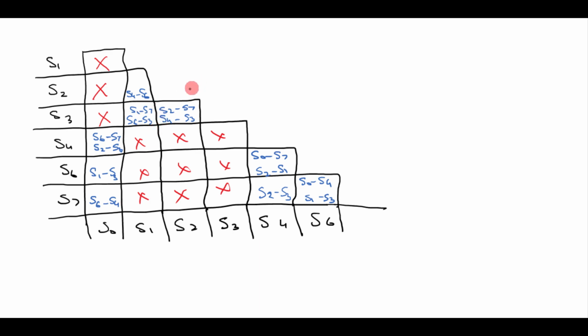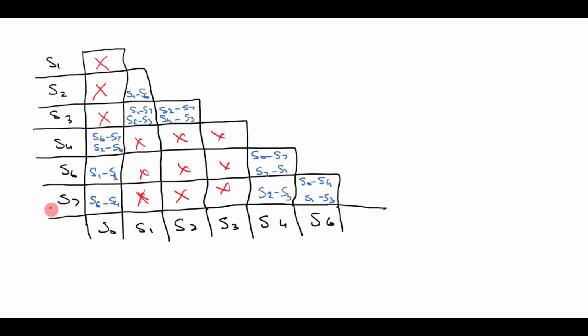The next thing that you have to do is remove some entries in which these pairs are not possible. For example, here you can see S6 and S7. We are not sure whether they are equivalent or not, but for S1 and S7, here we have a cross, so we are sure that these states cannot be equivalent.